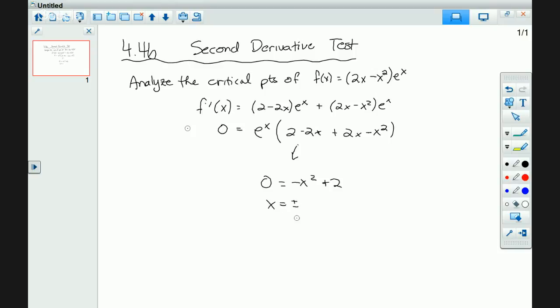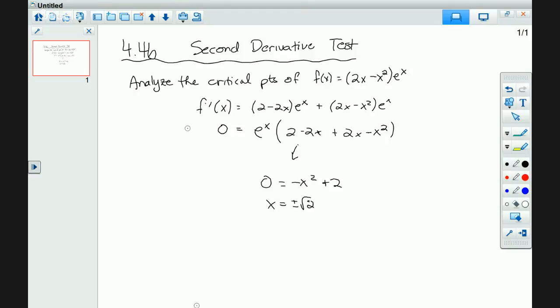Negative x squared plus 2. x squared equals 2.